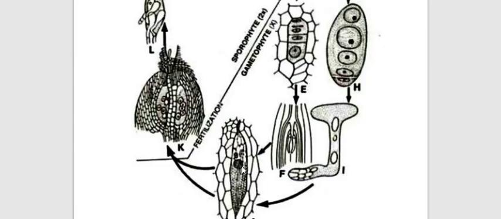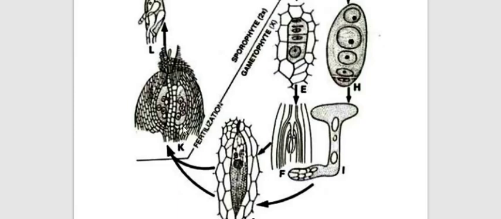Of the two male nuclei, one male nucleus fuses with the egg nucleus, and the other male nucleus is reported to fuse with the ventral canal nucleus. After fertilization, the zygote is formed by the fusion of the male and female nuclei, and this zygote is also known as the oospore.